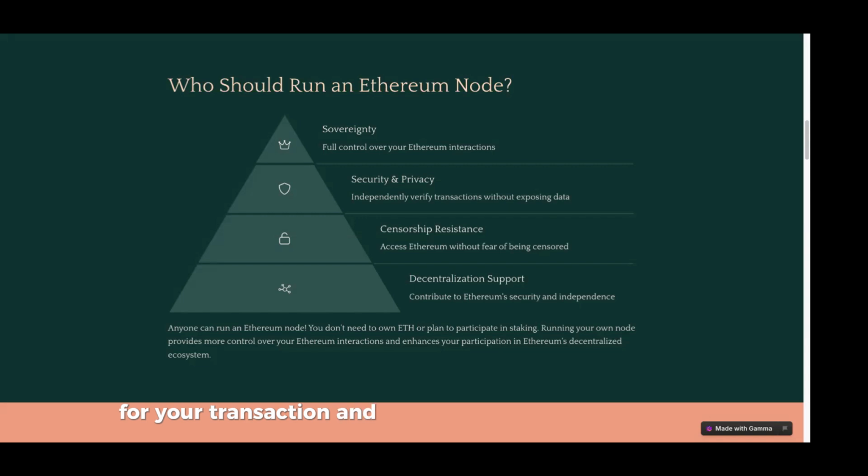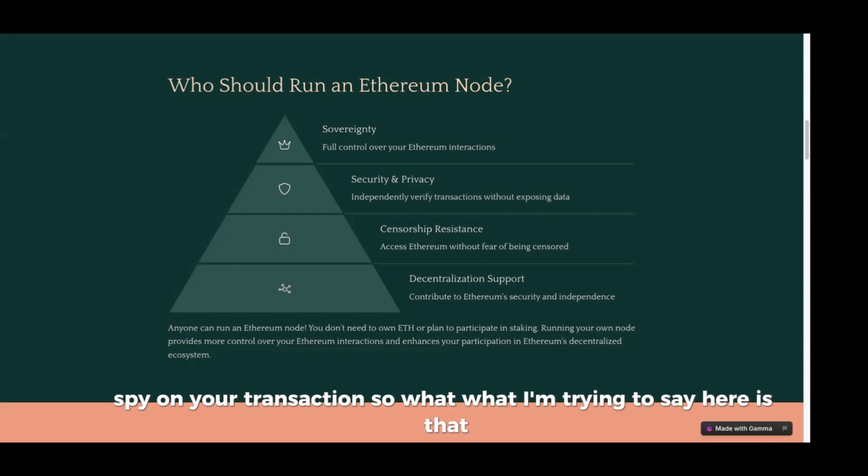Another point is security and privacy. When you're using third-party services, they can track your activity and collect your data. But running your own node ensures that no one can spy on your transactions.